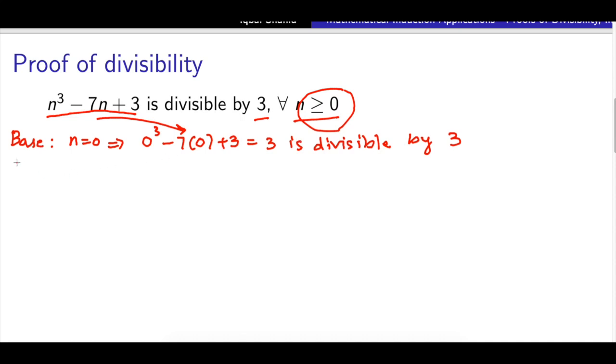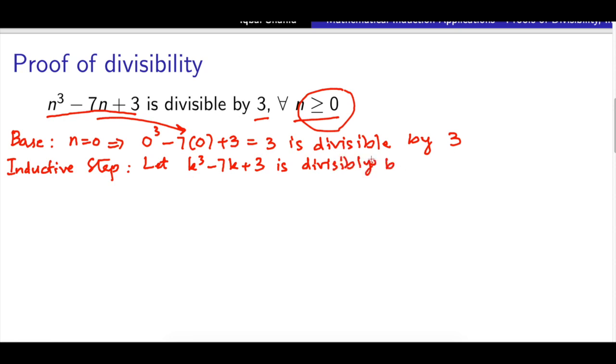Okay. Then we will say inductive step. So what is our hypothesis? We will say let k cubed minus 7k plus 3 be divisible by 3.